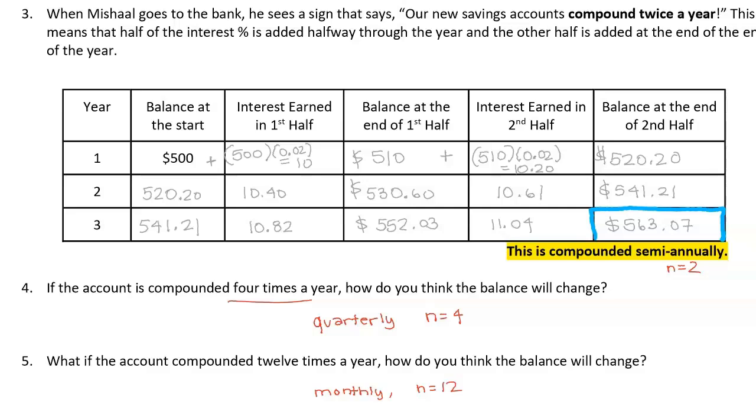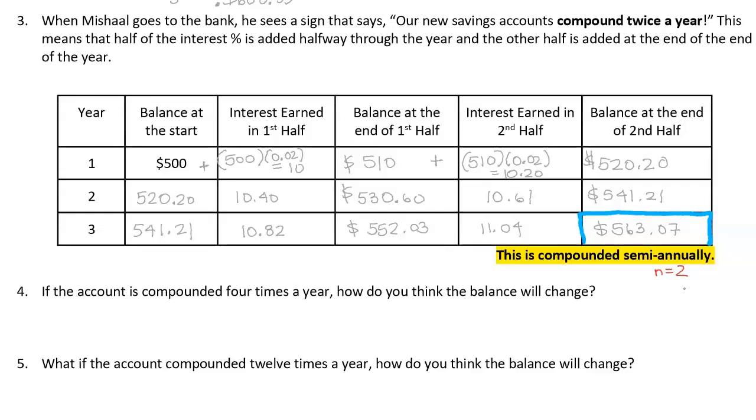So let's put this into our compounding formula. I will get FV equals 500, which is the principal, times 1 plus the rate, all over little n, and little n is 2, all raised to the little n, which was 2, times 3.